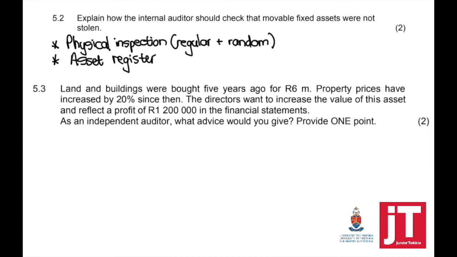So in the previous activity, I've mentioned the historical cost when it came to our land and buildings. So here they've asked you the question, why can't we show it at 20% plus if the price then increased?